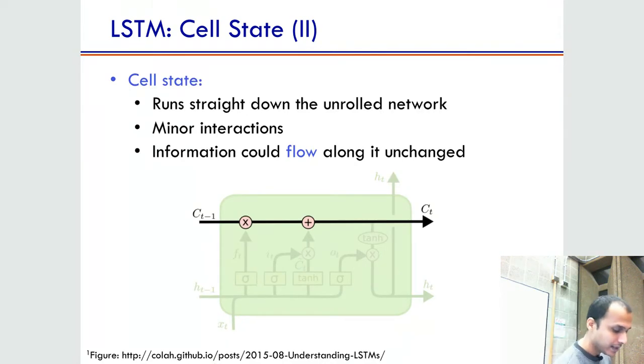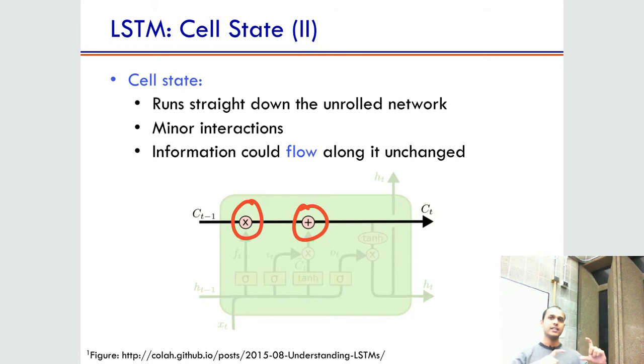There are some updates happening in the cell state. It's a vector. What do I mean by updates? If it's a vector, there's going to be some multiplication operation on the vector or some addition operation on the vector. Those are the two updates in particular, which I'm representing as circles. The circle with a cross means an update is happening where the previous vector is getting multiplied element-wise with another vector.